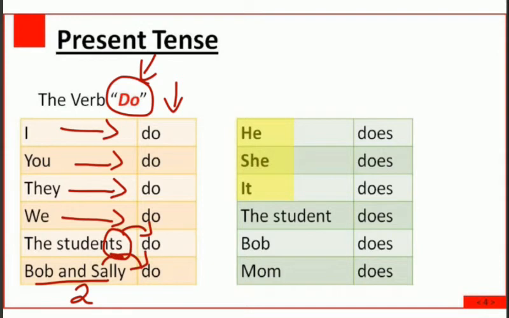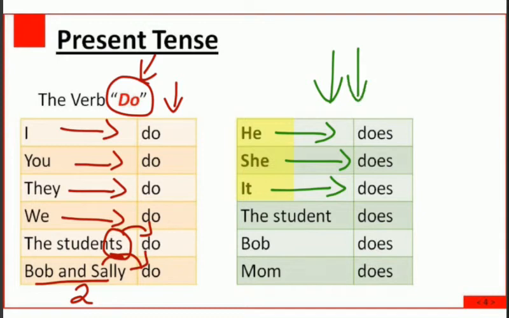On the other side, I have what we call our third person subjects. So we would say he does, she does, and it does. Remember, these on this side are only one person.